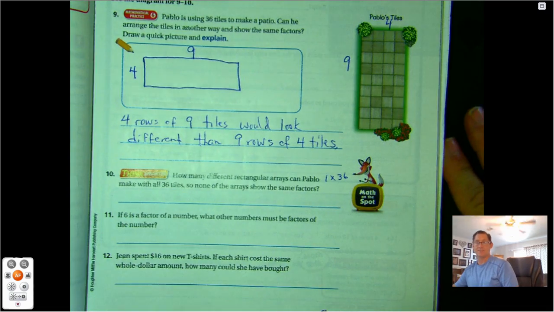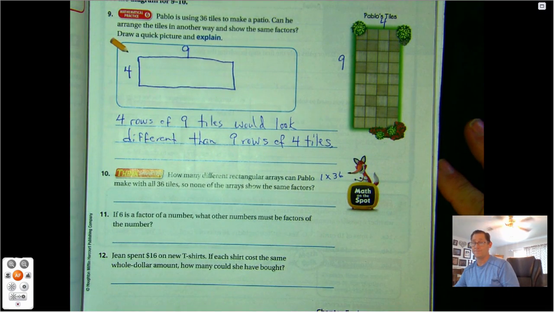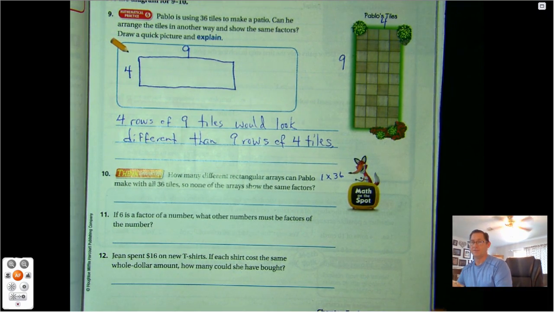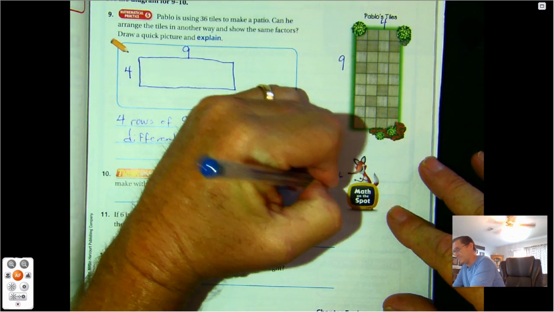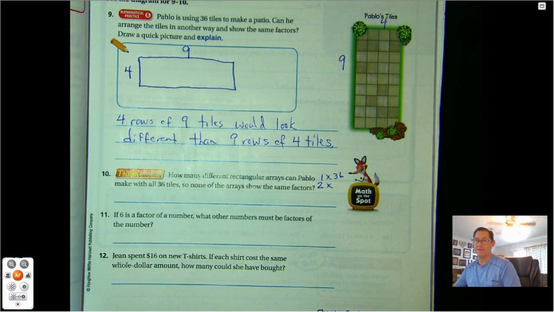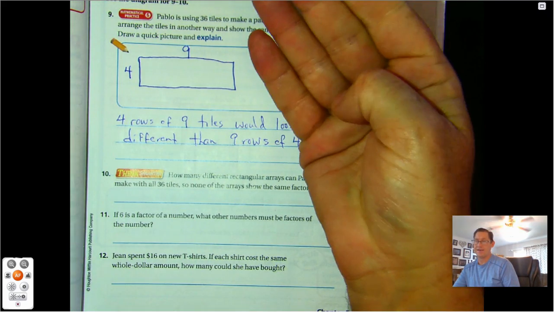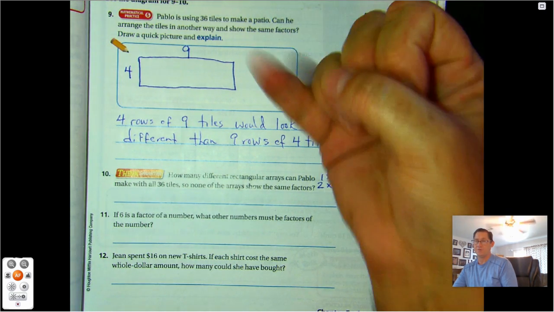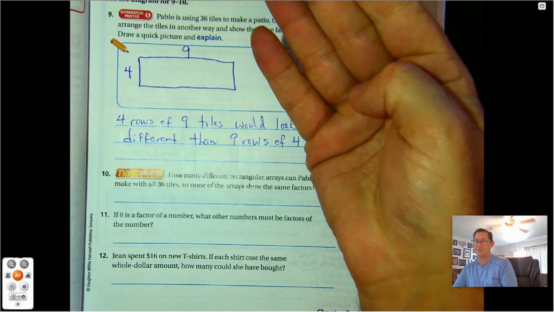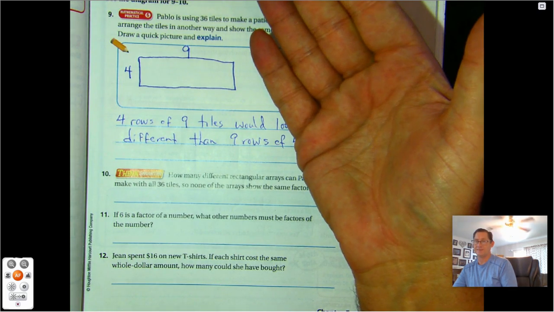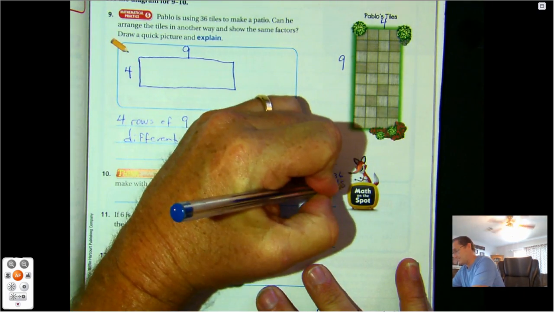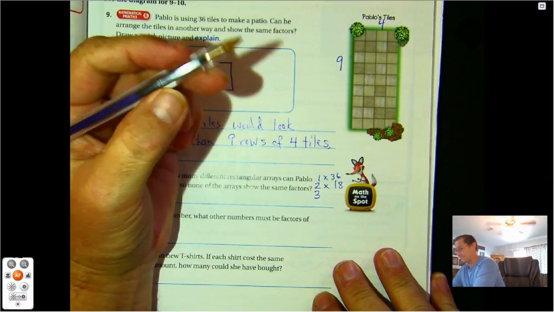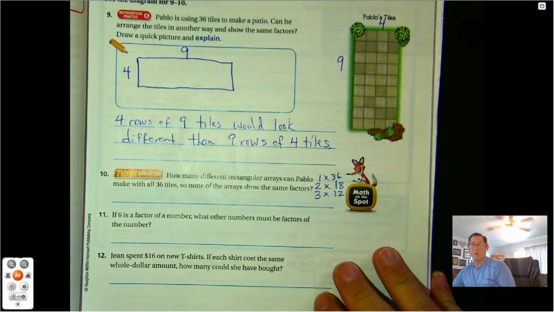So they don't show the same factors. 2 we know will work because 36 is even. 2, 4, 6, 8, 10, 12, 14, 16, 18, 20, 22, 24, 26, 28, 30, 32, 34, 36. 18 times. 3 will also work. 3 times 12 is 36. 4 times 9 is 36. We already know that.